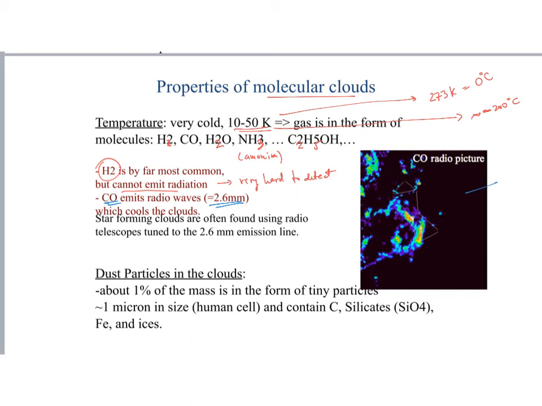So this is again the Orion Nebula. This is the Orion belt. Okay, and here is the emission at 2.6 millimeters, so that's a radio emission, radio detection.